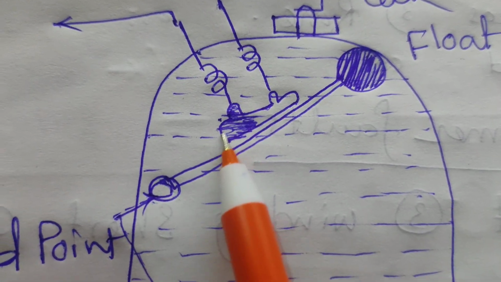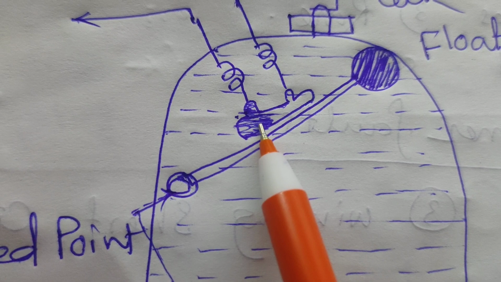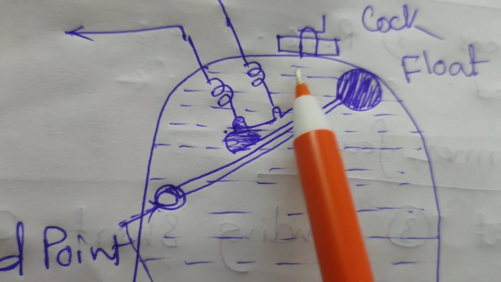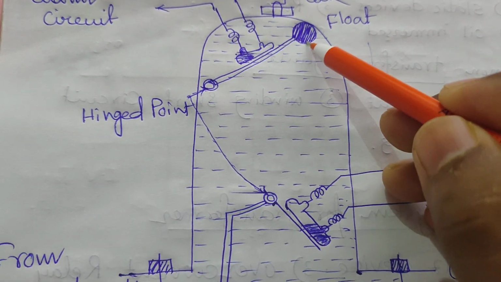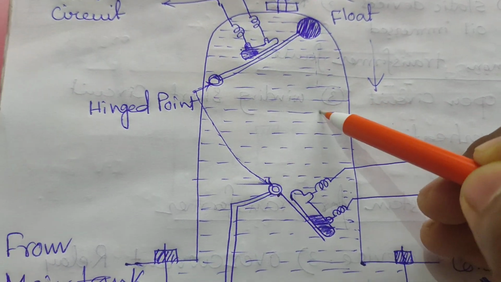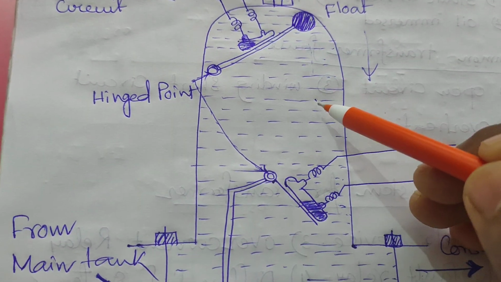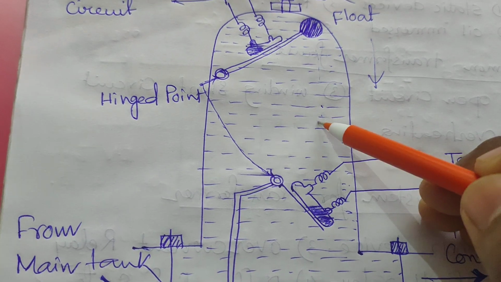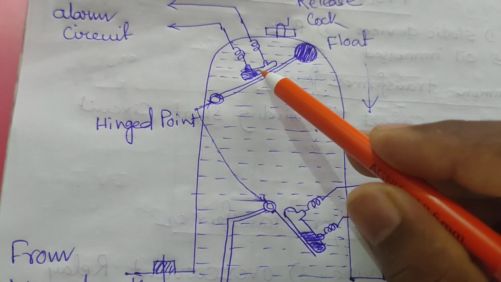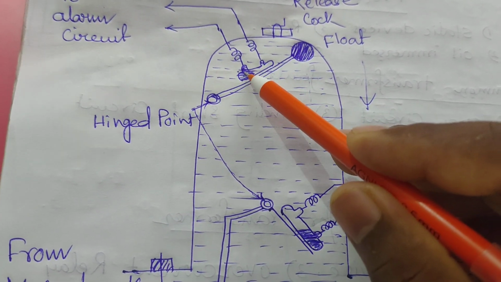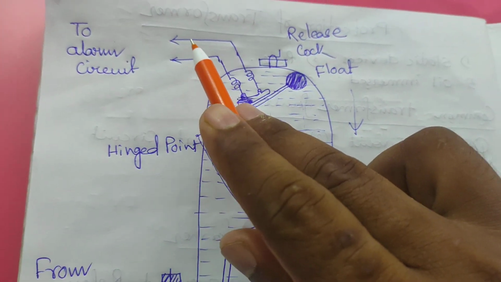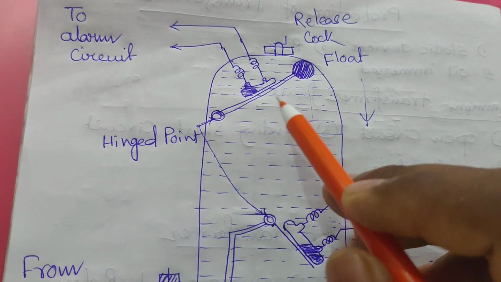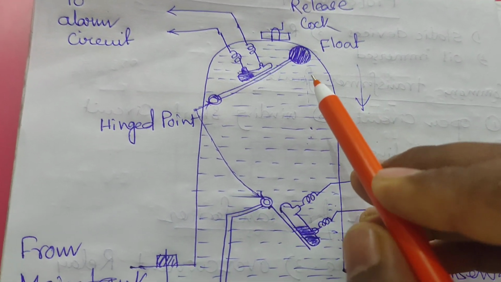I am just trying to help you understand. This is the mercury. If the oil level decreases, then this float will go down from this position to this position. If this float goes down from that position to that position, this mercury will contact with this point and this point, so the DC will come from here and go to the alarm circuit, and the alarm will show that some incipient fault is happening.